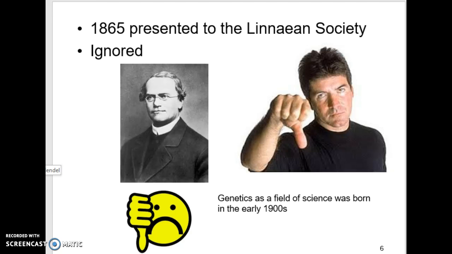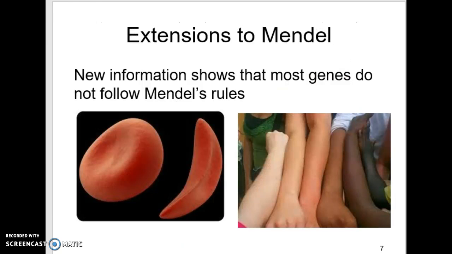So Mendel established our foundations. Since then, we have discovered what are called extensions to Mendel. They don't fit his basic rules. There are some basic genetics that follow monohybrid, dihybrid scenarios, but a lot of our genetics, we're realizing, just don't follow the rules.